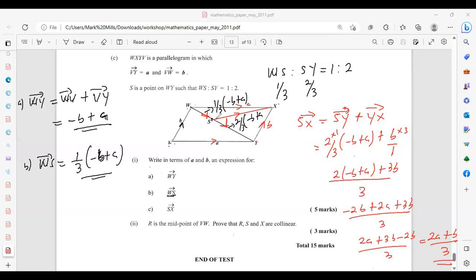It's easier than if I should go SW, I have to put a negative sign. I don't want to work with negative. So I went down to make my life easier. But as I said, somebody could have used SW and WX and gotten the same answer. But we use SY and YX.